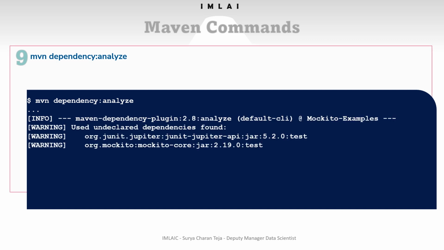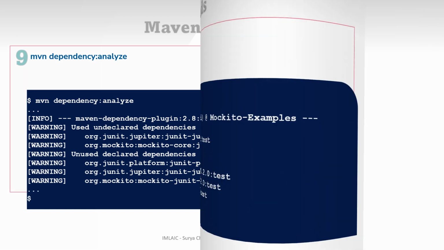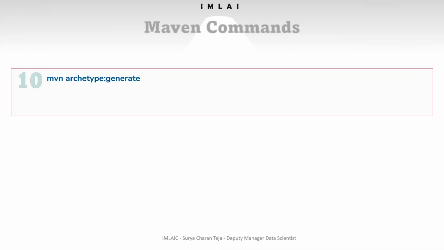Then we have one more command, mvn archetype:generate. We have used this command for our first project example. Maven archetype is a Maven project templating toolkit. We can use this command to generate a skeleton Maven project of different types.